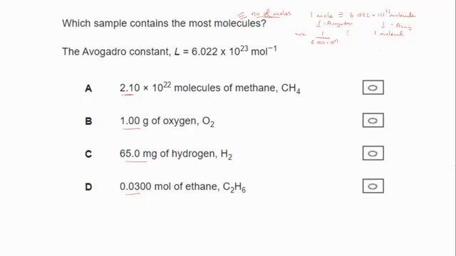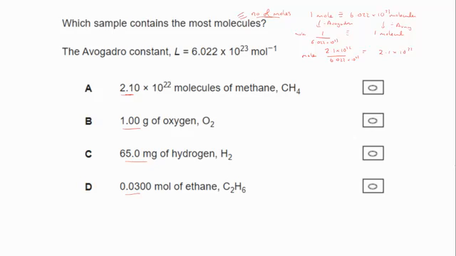But I've got 2.1 times 10 to the 22 molecules. So that's going to be 2.1 times 10 to the 22 over 6.022 times 10 to the 23, and that's going to tell me how many moles.